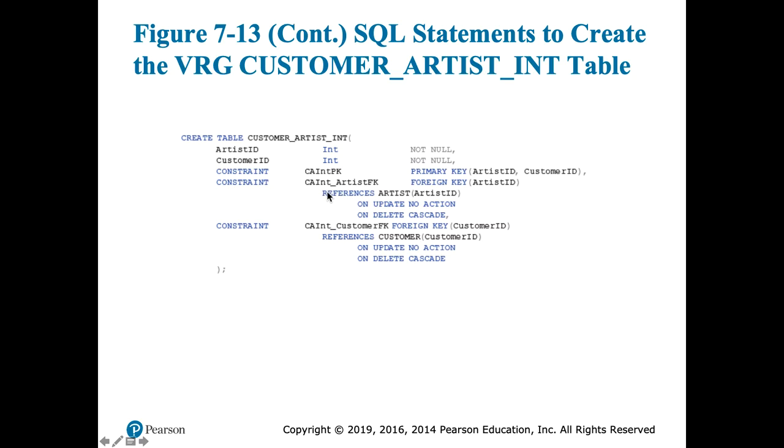So the reference, on update and on delete, means that you need to enforce that particular referential integrity, which means that when you are creating a record here, you cannot create a record that has an artist name or customer name not in your database. Right? So that is basically what they are trying to say there.